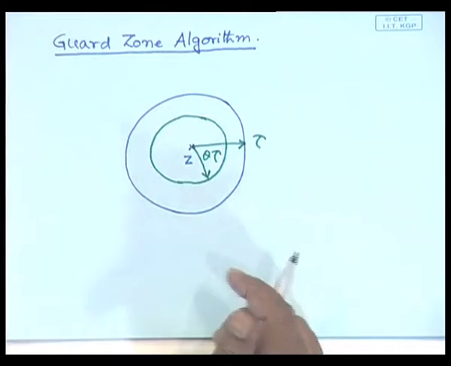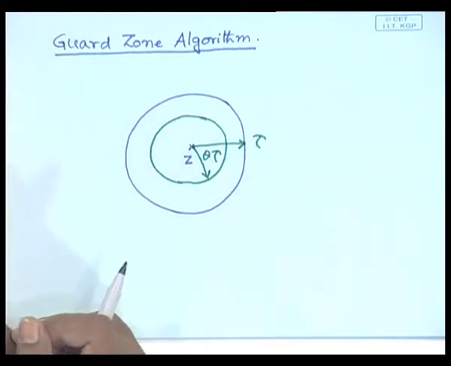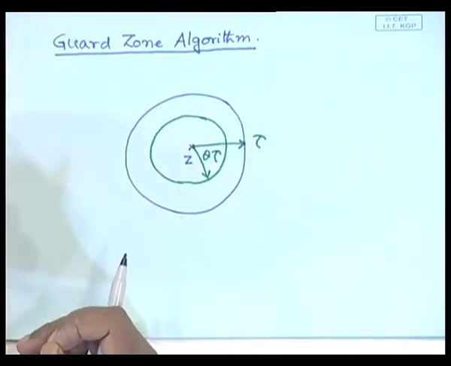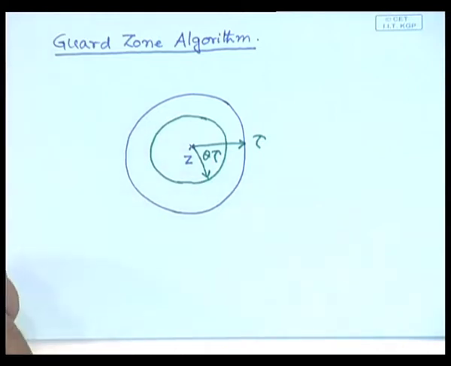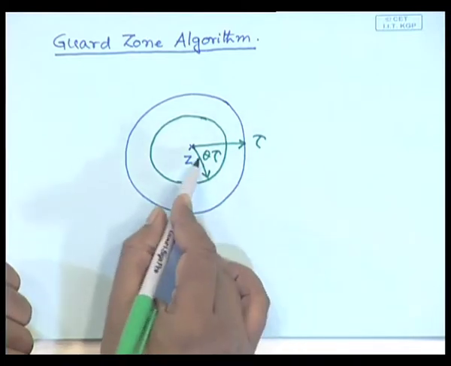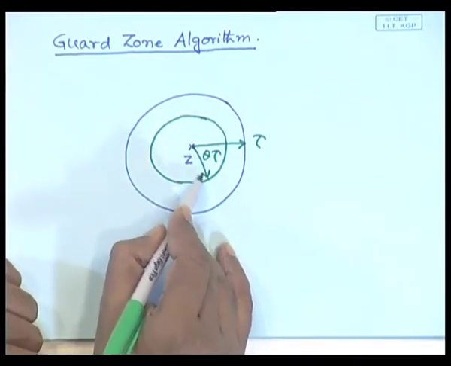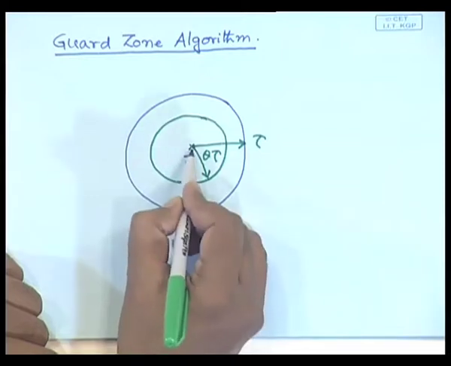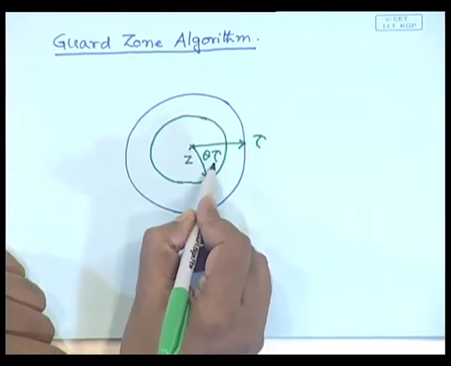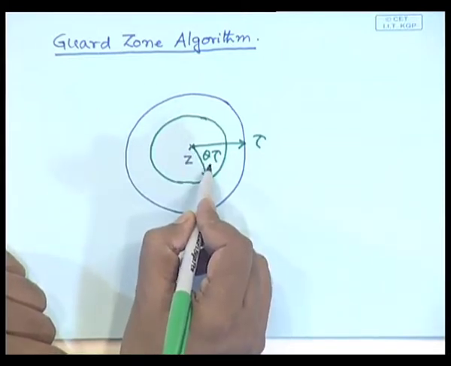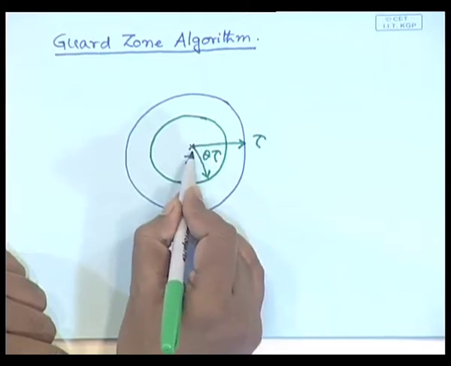Okay. So, the algorithm works like this. You take one of the feature vectors, assume that to be the cluster center. Take the next feature vector. If the distance between the next feature vector and this cluster center is less than theta times tau, you put that feature vector into the same cluster as this cluster center.